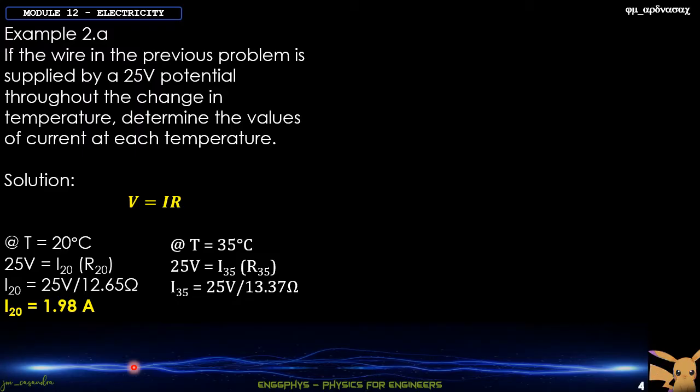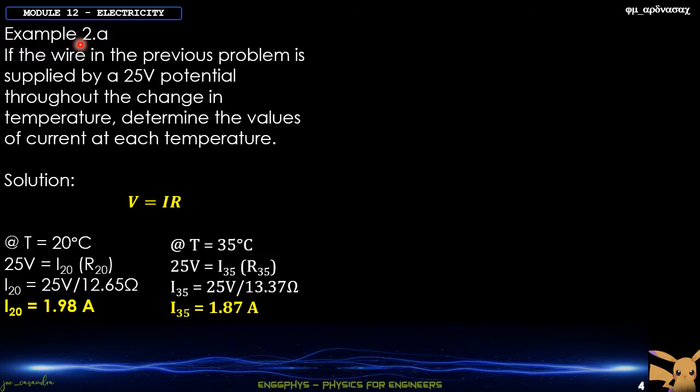Computing the current for 35 degrees, it is equal to 1.87 amperes. As you have noticed, when our temperature increases, resistance increases, but the current decreases. This means that the higher the resistance, the more it restricts the flow of current, so the value of your current is smaller when the resistance is high.